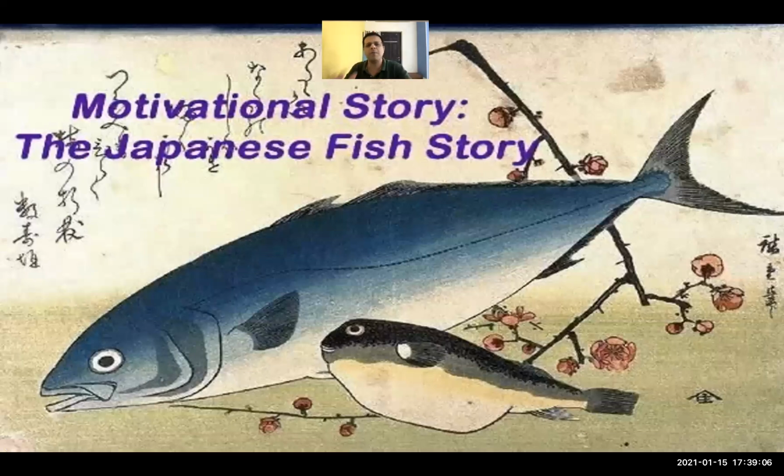So, we are almost coming to an end of this incredibly powerful skill that we want to build in our Masai School students, which is problem solving. And now it is time to talk about a Japanese fish story. So, can I have a volunteer from this group who can unmute and read this story? I'm going to give you the script here, and I want you to read it out as though you are telling a story to your friends.